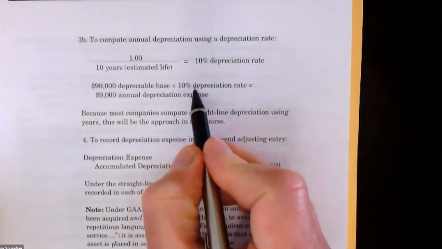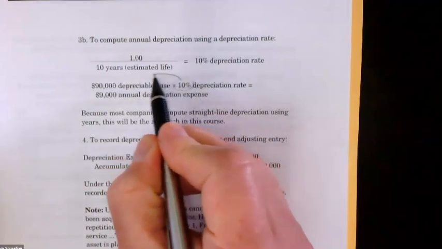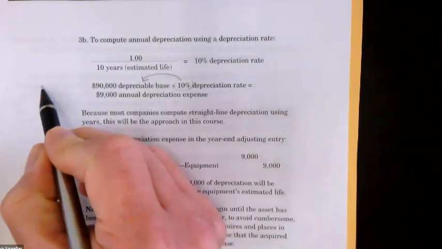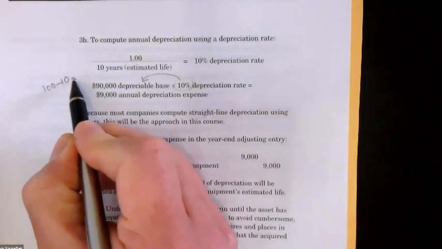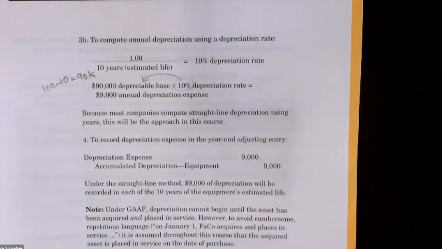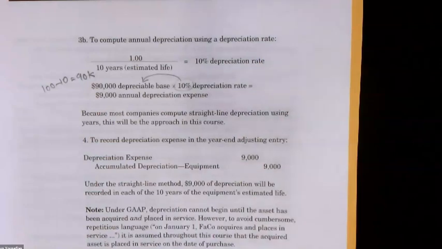One more time, 10% of depreciable base, and the depreciable base is 100 minus 10 equals 90K. That's your depreciable base. And to record it, again, debit depreciation expense, credit accumulated depreciation.